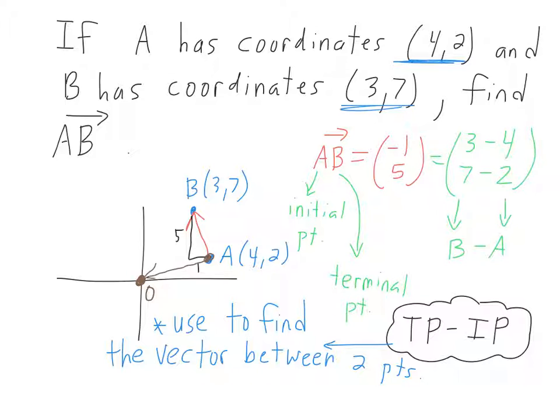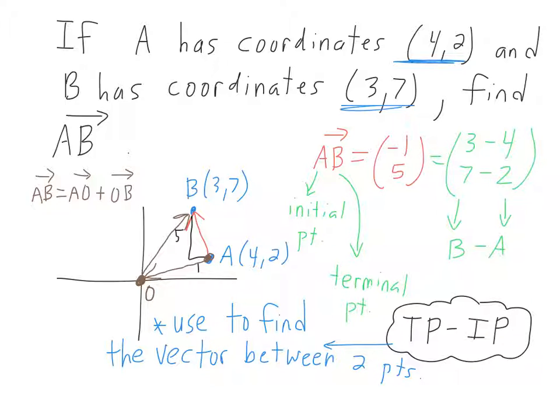You can travel down the vector from A to O and then from O to B. So we really have what we call vector addition here. This vector AB is the same as that journey along the path from A to O and then from O to B. Yes, the other way would be much longer, but you would still end up at B.